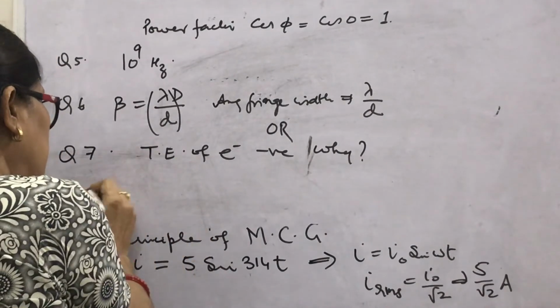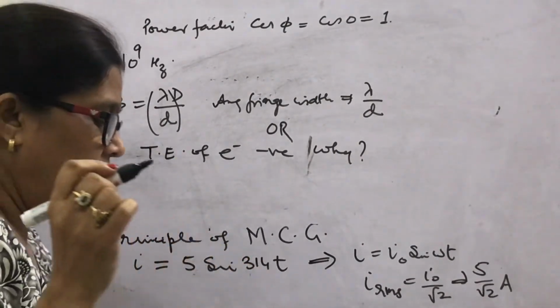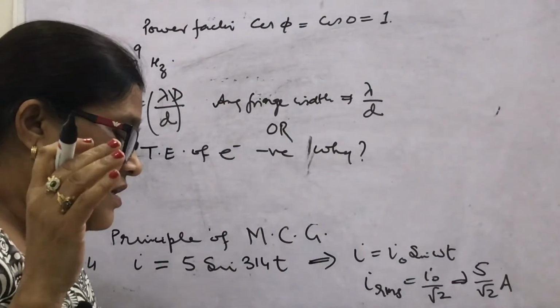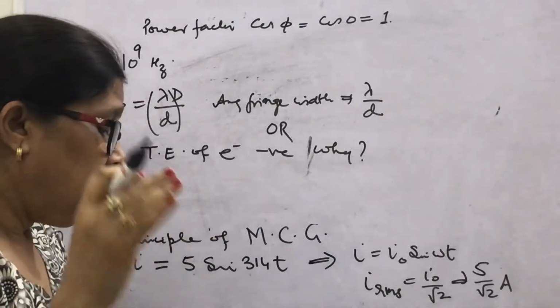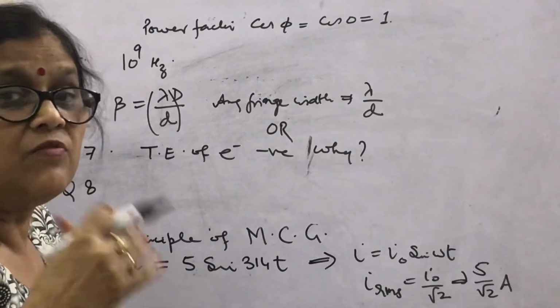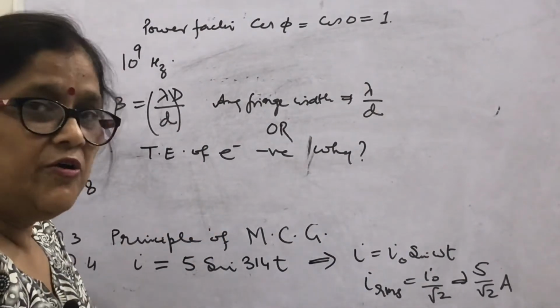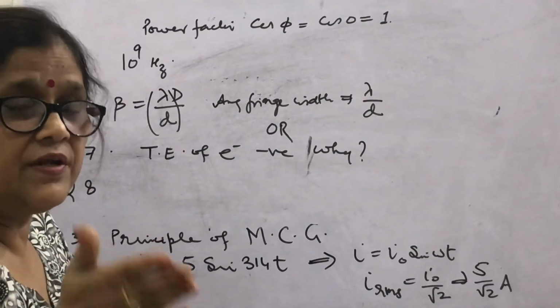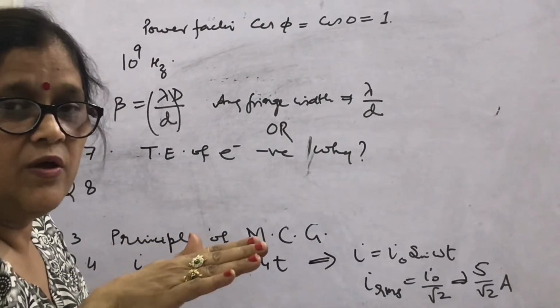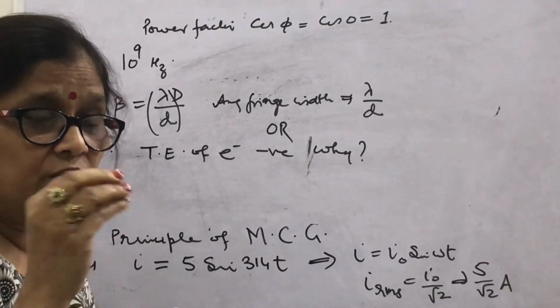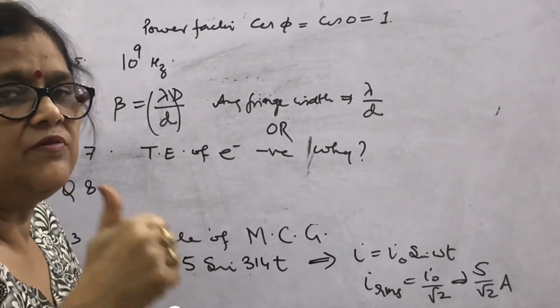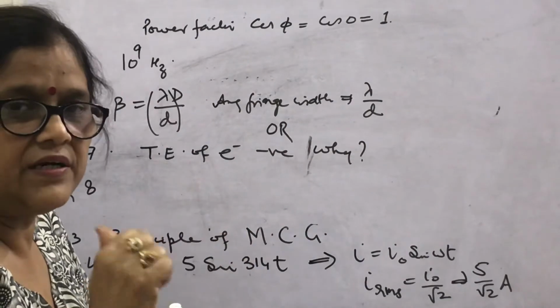Now question 8. A heavy nucleus contains more neutrons than protons. Why? You know, a neutron is slightly heavier than a proton, and it is also a chargeless particle. Among proton and proton, electrostatic force of repulsion will act.